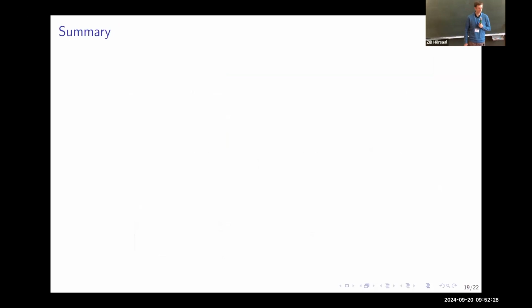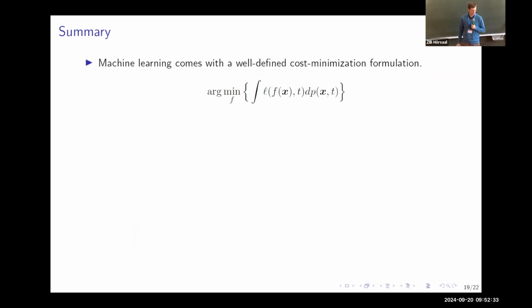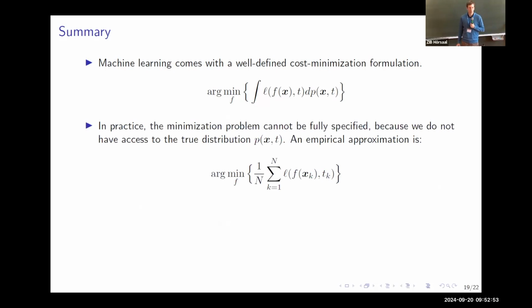Let's just try to recap briefly what were the main steps of this presentation. So you have basically machine learning, which comes with a well-defined cost function, which consists of minimizing the expected cost, the loss function integrated over the distribution. This you can't do in practice because you don't have access to the distribution P. In practice, you can only rely on empirical data, and to translate this equation with the data you actually have, you have this sum over your data points.